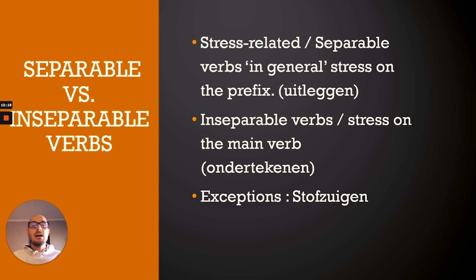Stof is dust, and then stofzuigen would be to vacuum clean. So you put your stress on stof, so you would think it's a separable verb, but it's not. It's an exception. All right? But these exceptions, unfortunately, they are there. I just want you to remember: stress in front, separable; stress at the back, not a separable verb.